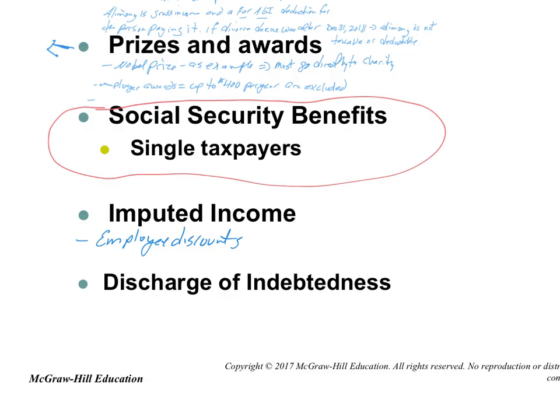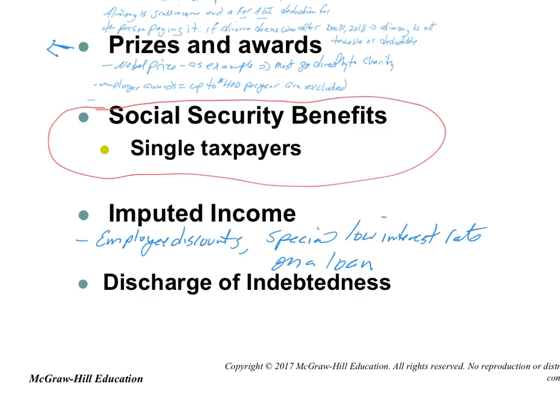Okay. If you get a special low interest rate on a loan, all right, that can cause imputed income.